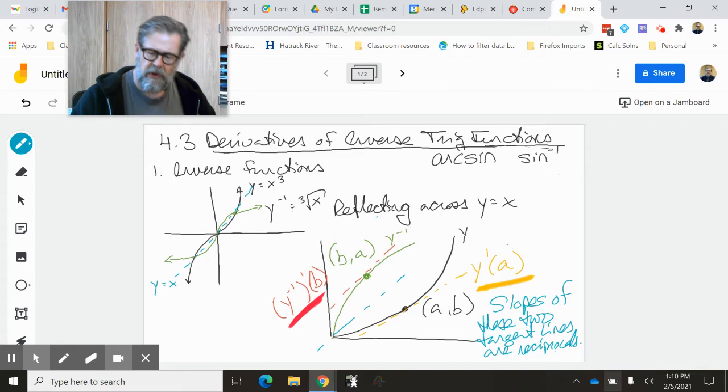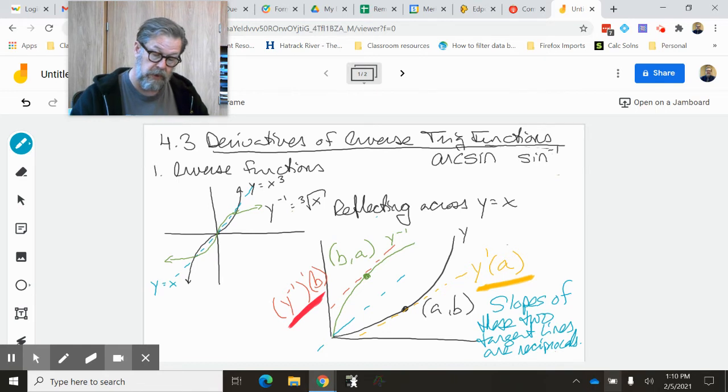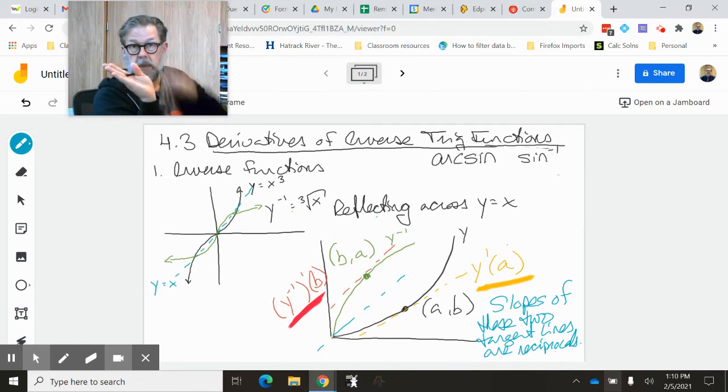And it's a function of reflecting across the line y equals x. You end up with the reciprocal slope. Now, don't get this confused with a normal line where it's opposite reciprocal. No. This one's 2, that one's got to be a half. This one's 10, this one's got to be a tenth.